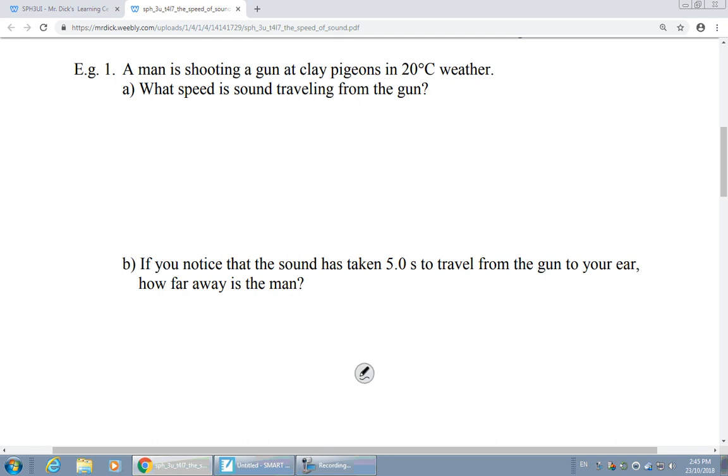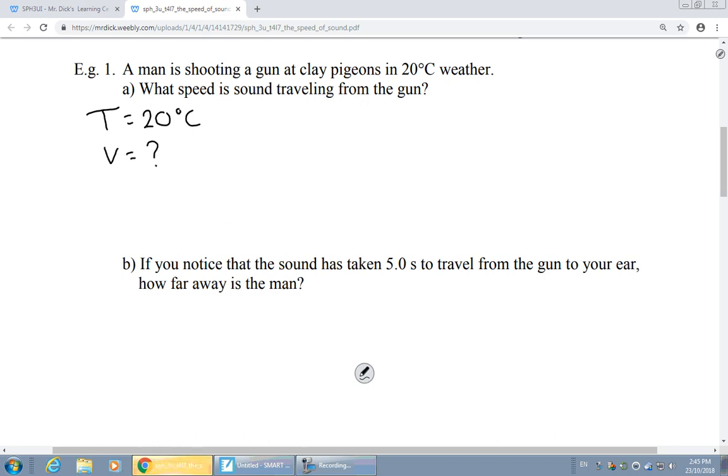If we just list some things that we know, we're told again that temperature is just 20 degrees Celsius. And we also know in this case that speed of sound is 332 meters per second at 0 degrees Celsius. But we don't actually have to write that in our givens. And so in this case, we actually don't really have any other given information we need to write.